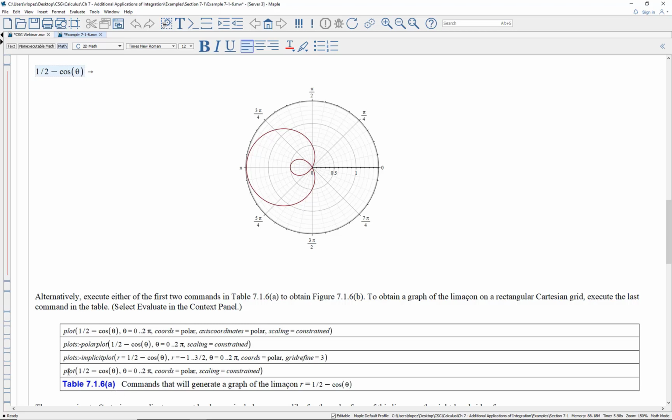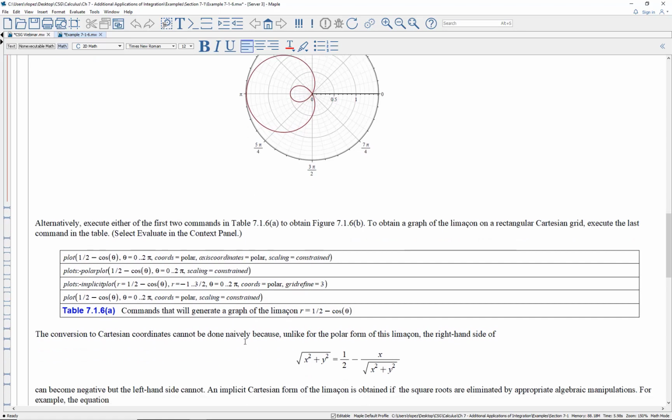If you apply plot to the right-hand side, theta going from 0 to 2 pi, coordinates equals polar, you would get the graph, but it would not have this background, because to get that background, you have to say axis coordinates equals polar.